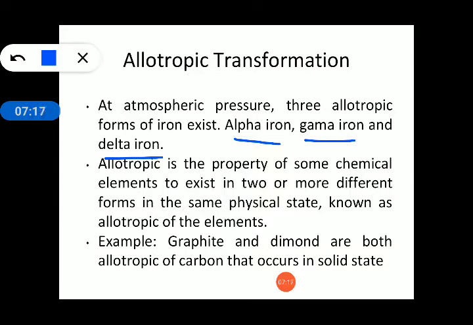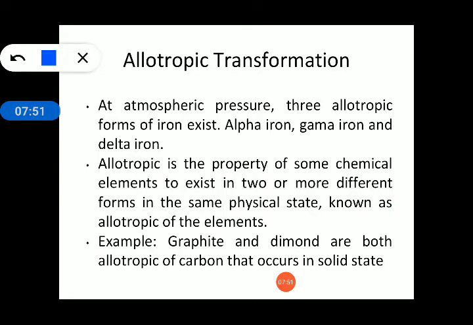As we have seen in the previous slide, there are three different forms. Delta iron has the BCC structure, gamma iron has the FCC structure and alpha iron again has the BCC structure, as we have seen in the crystal structure of iron.